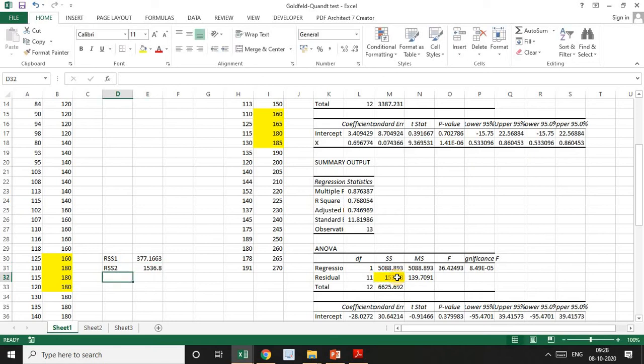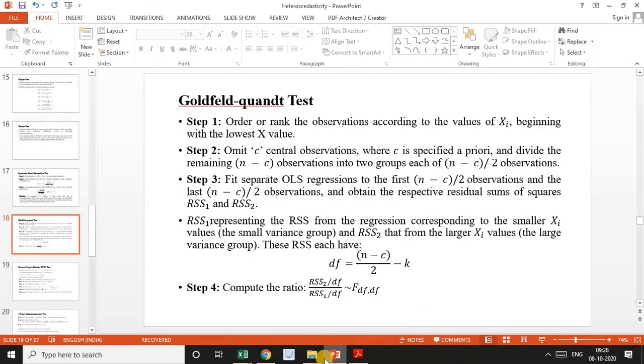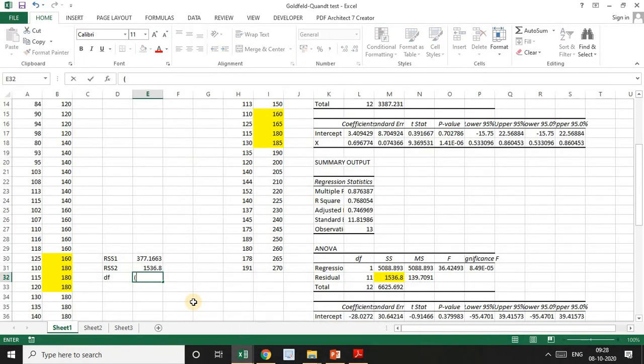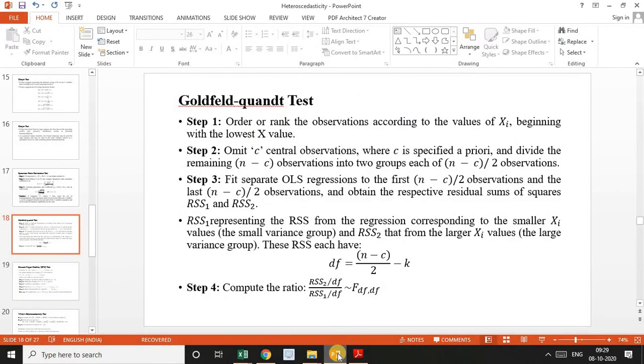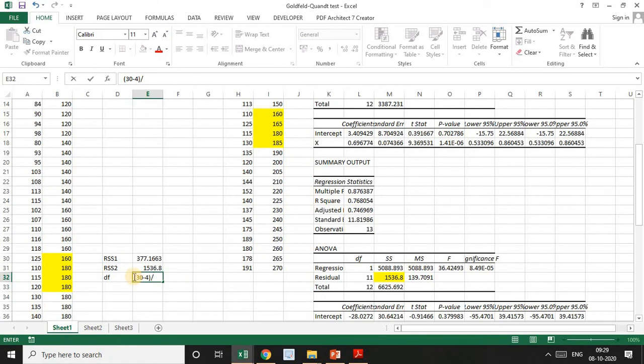Then df means what? df is equal to (n minus c) divided by 2, minus k. Total number n was 30. 30 minus c, where the omitted observations c is 4. So 4 minus 2... n is 30, c is 4, so (30 minus 4) divided by 2 is 13.